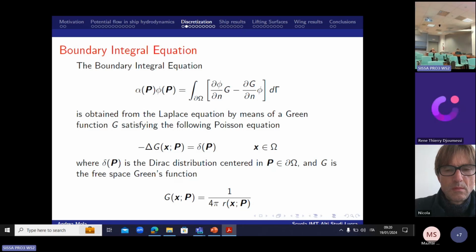Basically, this is what you call a boundary integral equation, and it is obtained from the Laplace equation when you multiply it by a Green function, which is a function with this property that you see over here. The Laplacian of a Green function is a Dirac delta centered in a point P. In our case, the Green function is always the free space Green function that you see on the bottom.